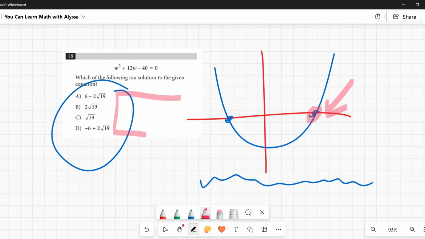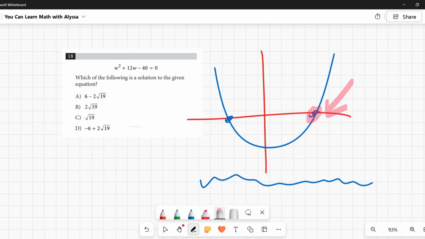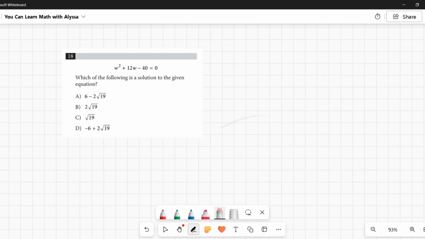Now, if you really want to, could you graph this and then zoom in and write that down, and then convert all four of these into decimals, and then see which one matches? You could. I don't know that that's a more time effective, cost effective use of your time. That's going to be for you to judge. The two ways that you solve this on paper, anytime you see square roots in there, are completing the square and the quadratic formula.